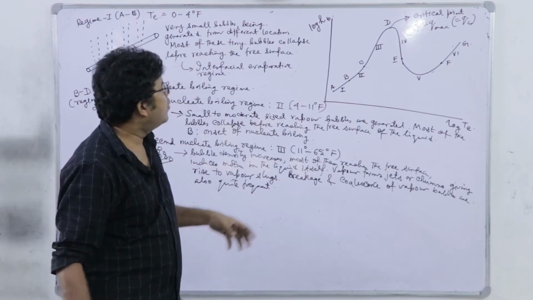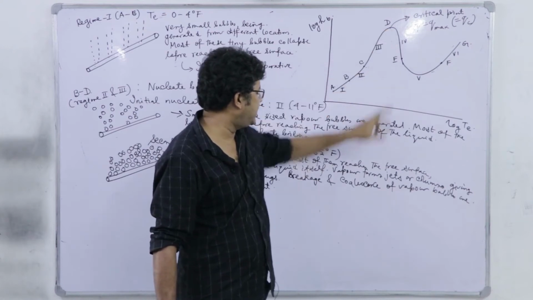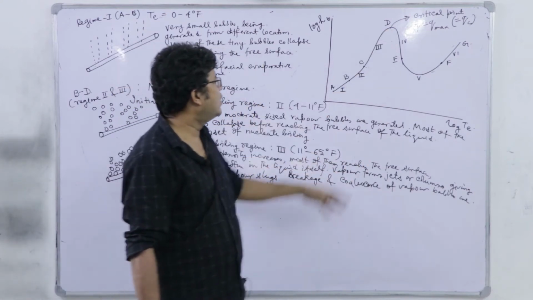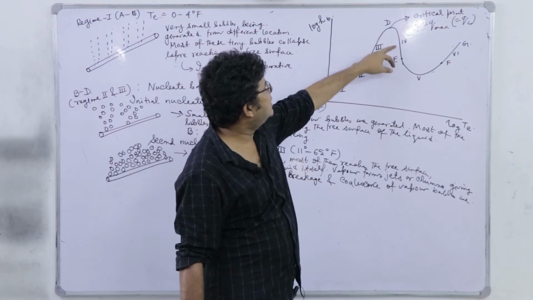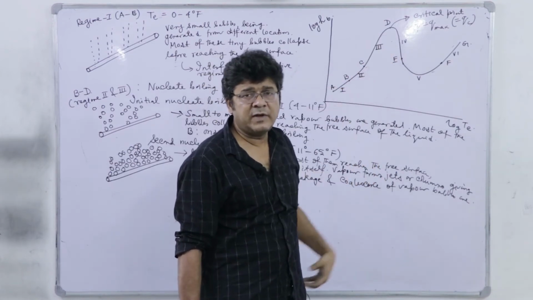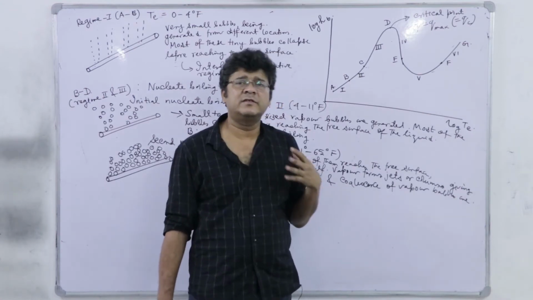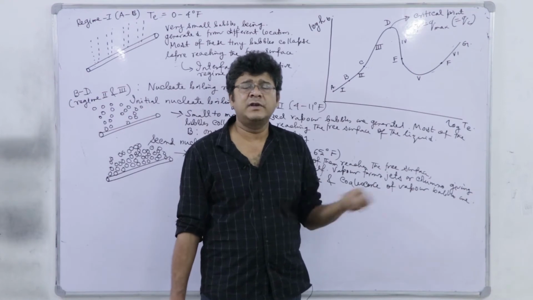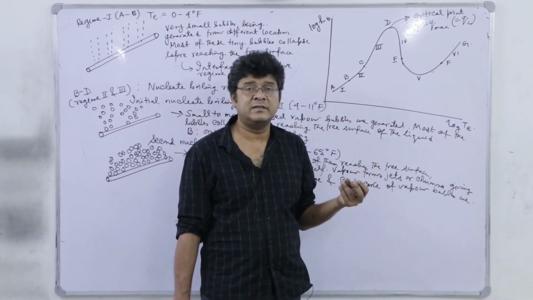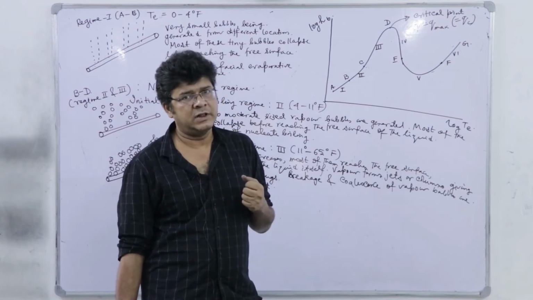So, when the excess temperature exceeds the characteristic value at D, that is nearly 65 degree, what will happen? Here it drops, and why it drops? Because the number density of the vapor at the surface of this bubble is so high that they often coalesce on the surface itself, producing a transient film, but the film is not stable, right.